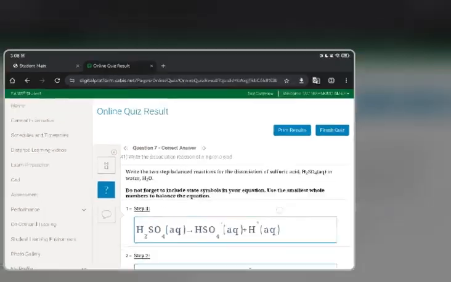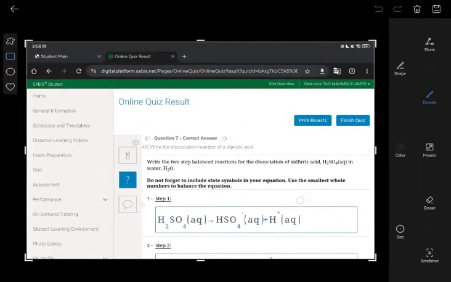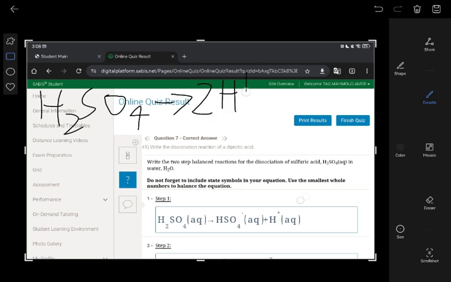This one, because it's diprotic. Are you looking? It's diprotic. 2 H's. So that means it has 2 H, not just one. So it splits up twice. There's 2 ways you can do this. Here they're asking for the 2-step balanced reaction. You could do that, but there is also a one-step way in case they ask you. One-step way is 2H plus.